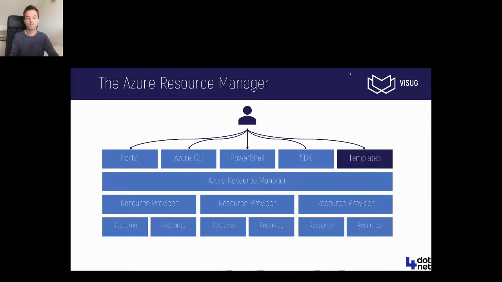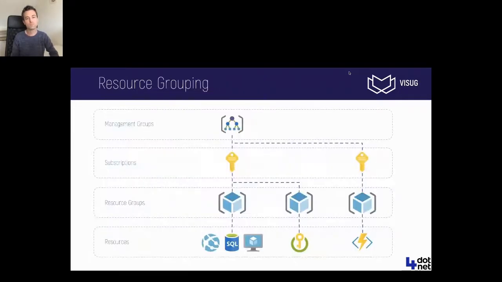So there are different resource providers in Azure, which all cover a different set of resources underneath them. You cannot call into these resource providers directly, although they are a REST API, but you have to go through the Azure Resource Manager to do that.